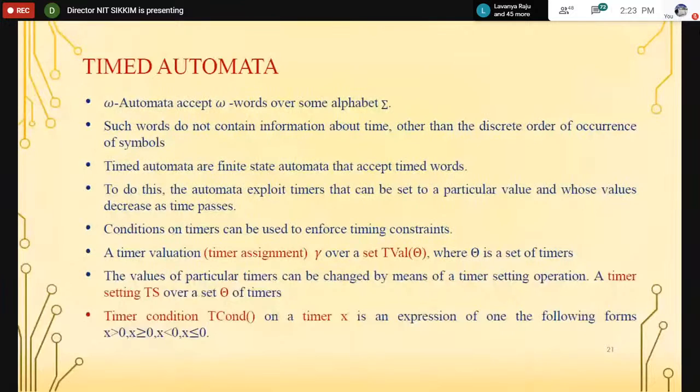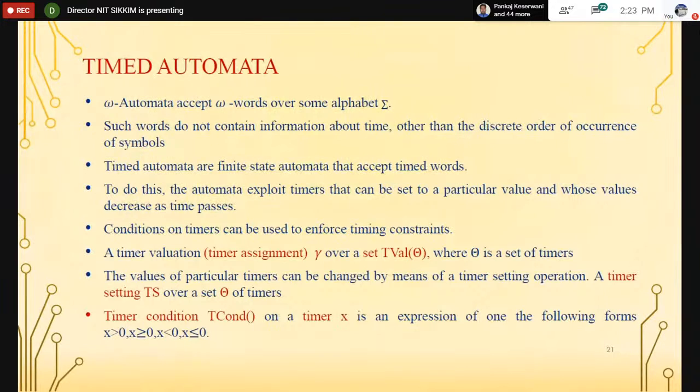Timed automata are finite state automata that accept timed words. To do this, the automata exploit timers that can be set to a particular value and whose value decreases as time passes. Conditions on the timers can be used to enforce timing constraints.